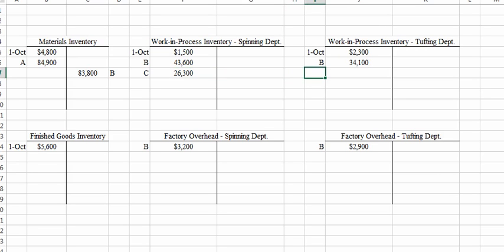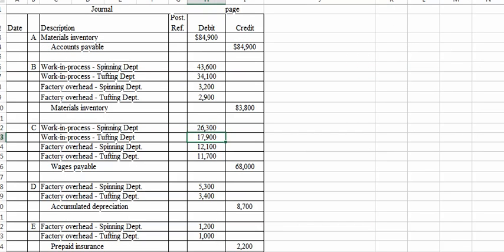We'll be debiting work in process inventory for the tufting department on C as well. Let's go pick up that amount, 17.9.